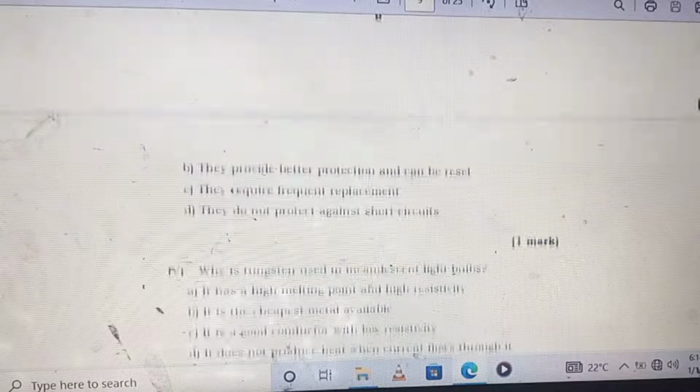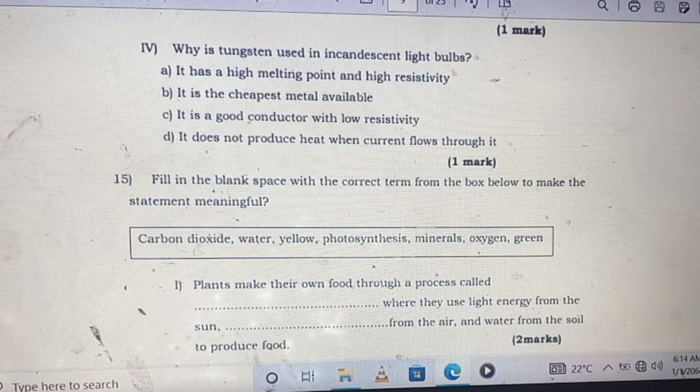Next question. IV. Why is tungsten used in incandescent light bulbs? The correct option is letter A. It has a higher melting point and higher resistivity.